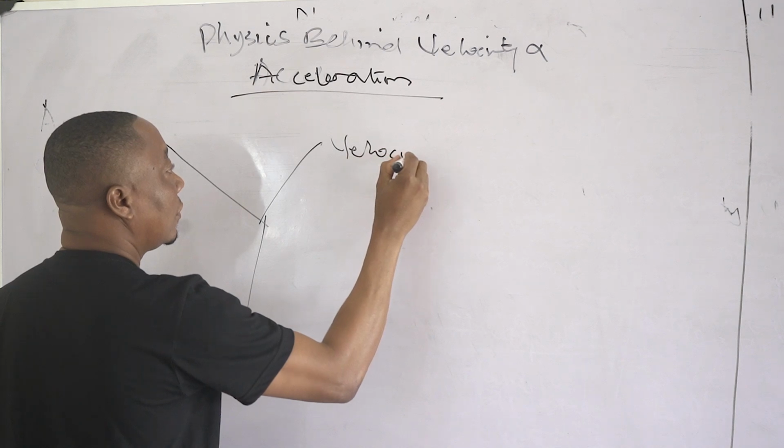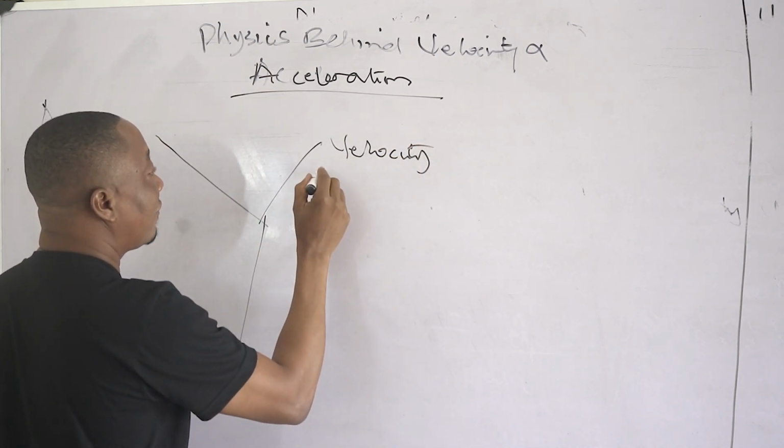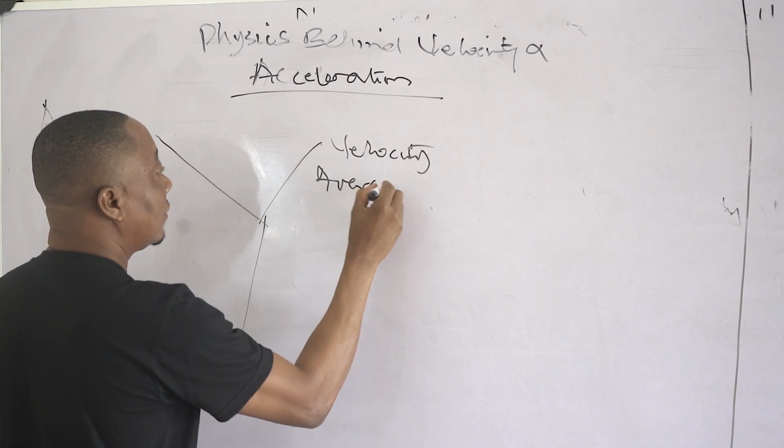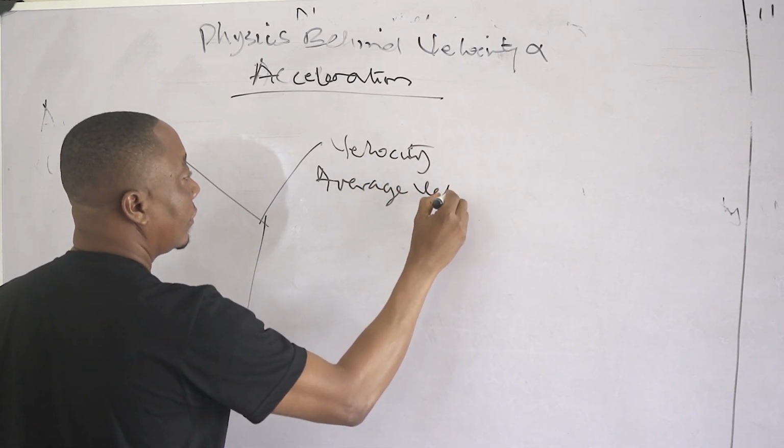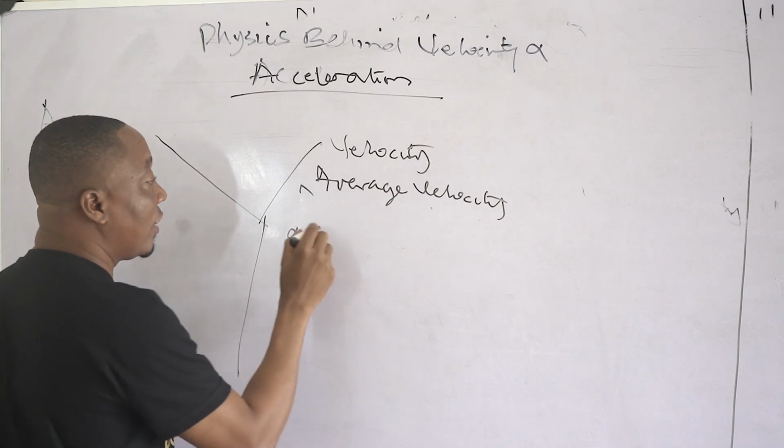Velocity: we will define velocity, we will then have the average velocity, then the application of velocity to real life situation.